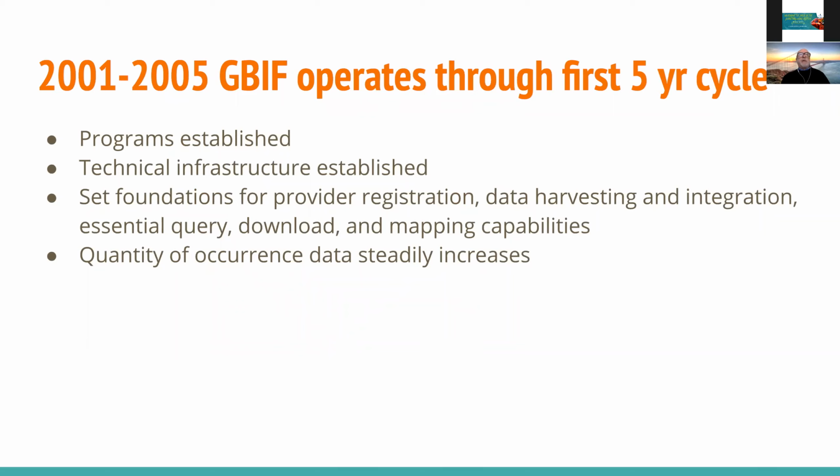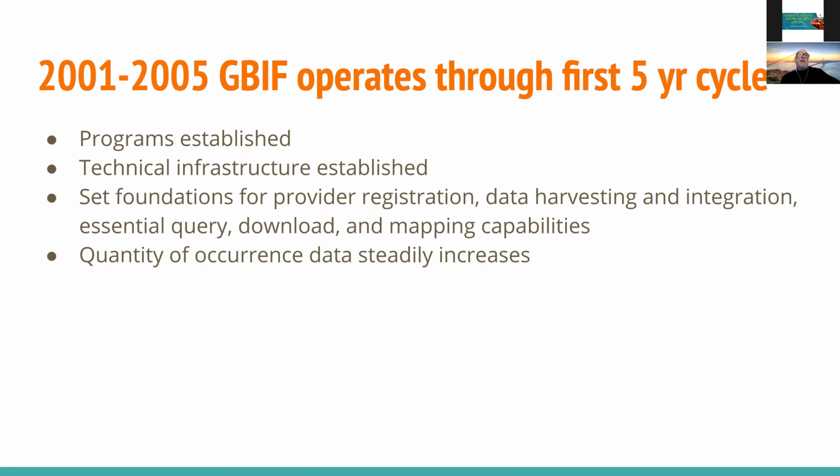They got their technical infrastructure established, so web servers and their networking and their database servers and all the rest of that. And they set the foundations for provider registration, data harvesting and integration, and how to make the primary uses accessible or enabled through query, download, and mapping capabilities.